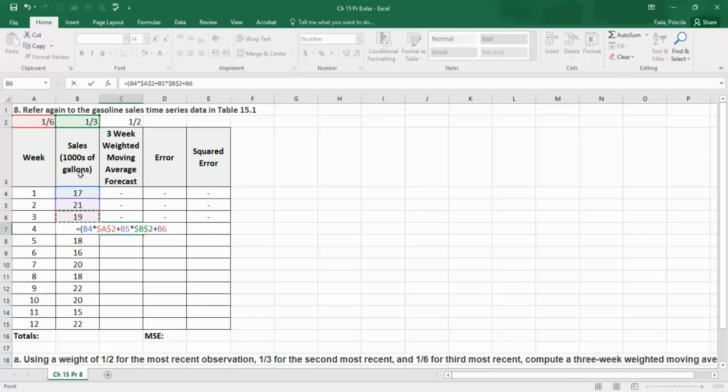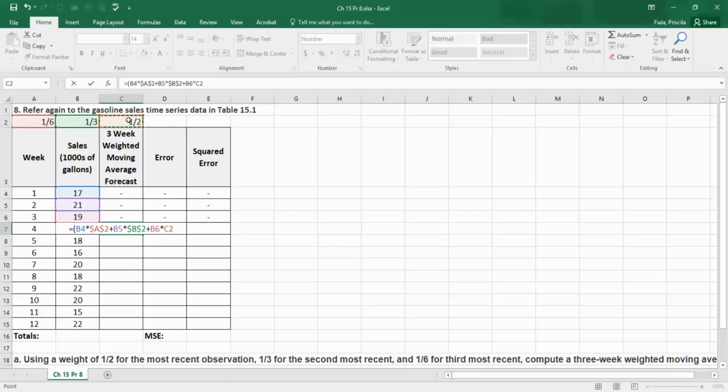It's a 3-week average, so we're doing first value, second value, third value. We're multiplying week 1, the oldest, by 1/6, week 2, the second most recent, by 1/3, and the last one, which is the most recent, by 1/2. So we're just using half of that value.